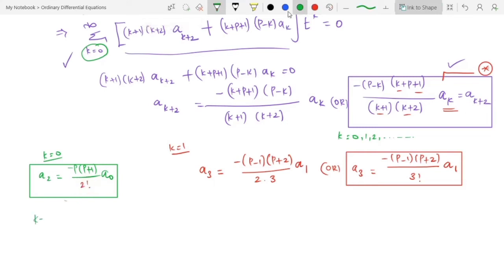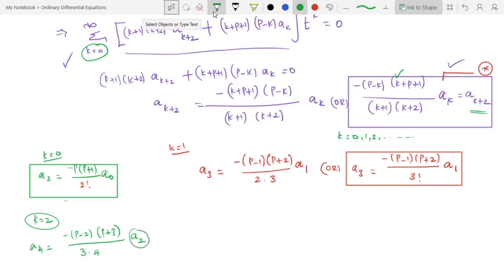Replacing k by 2 in equation star, we get a_{2+2}, that is a4, equal to -(p-2)(p+3) divided by (2+1)(2+2), a2.